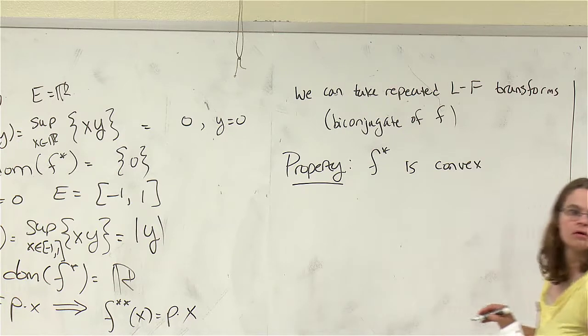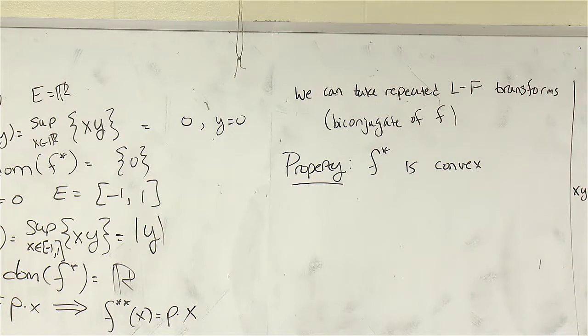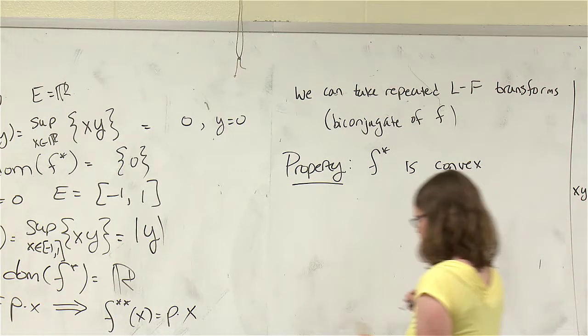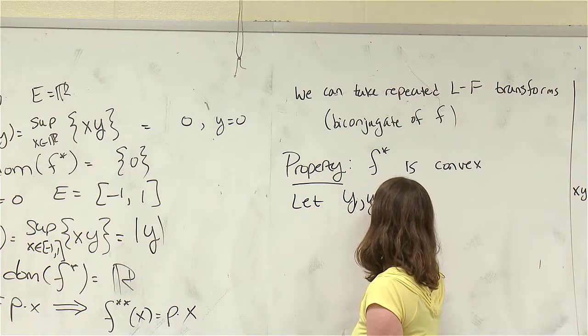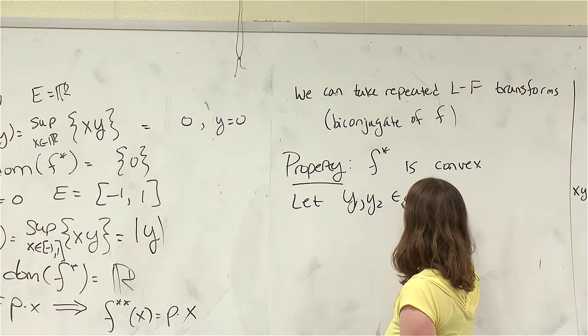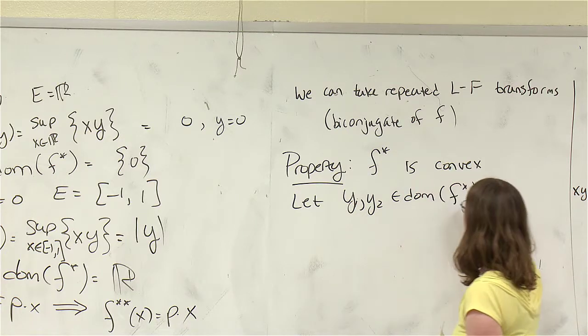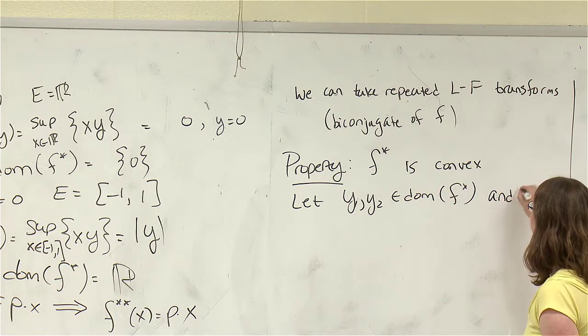So check this. We just use the definition of convexity. We say, let's pick any y1 and y2 that I'm allowed to plug into this thing, and pick some lambda.